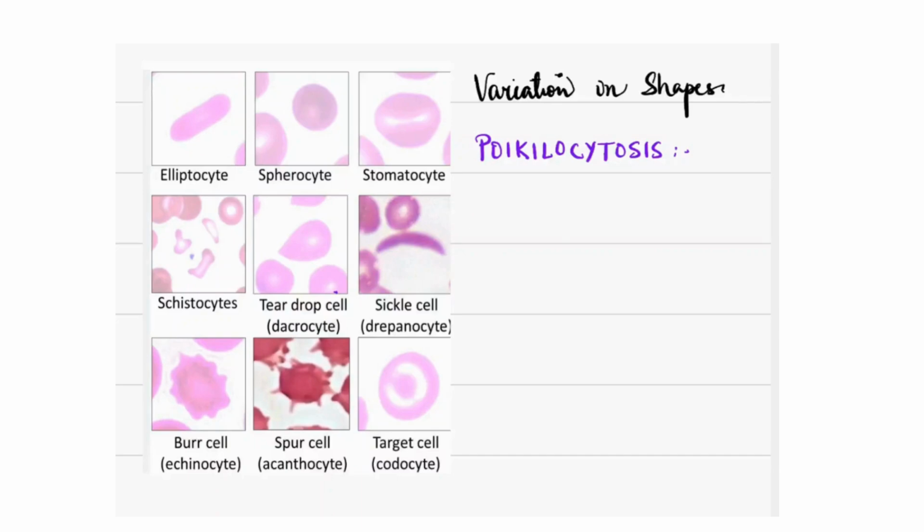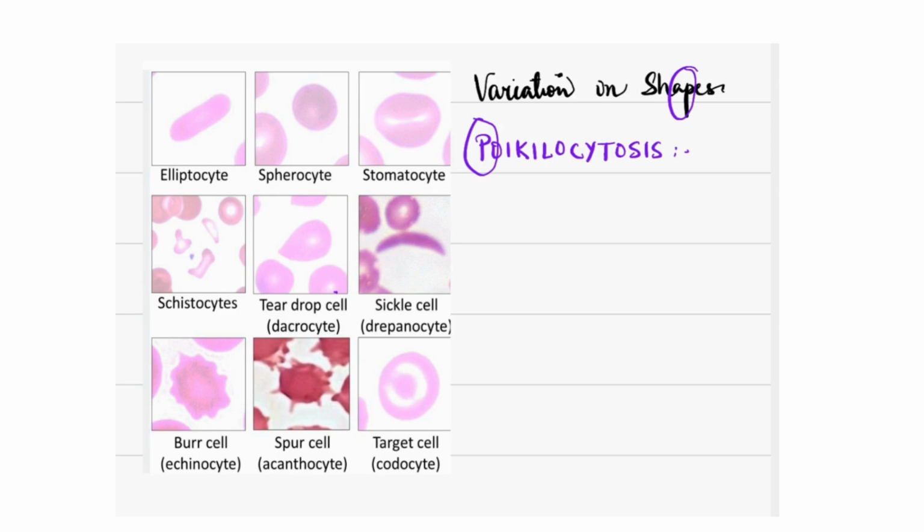When we see a variation in shape in RBCs in a single slide, under one focus, we call it poikilocytosis. This P and this P. Do not get confused with variation in size, which is called anisocytosis. Alright. So these are the most common shapes you will find, and if you find them, you have to report them.